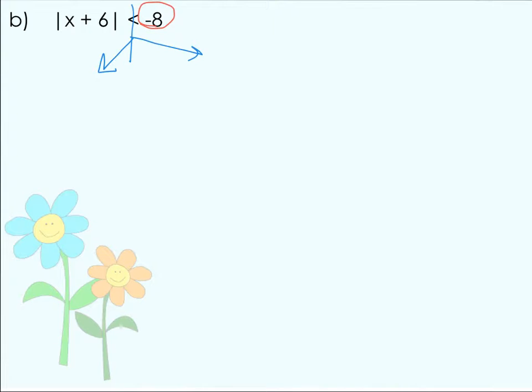When we talk about absolute value, we said absolute value is always positive. So what we want to look for with these is any time there's a negative here, this will automatically result in either a no solution or all real numbers.